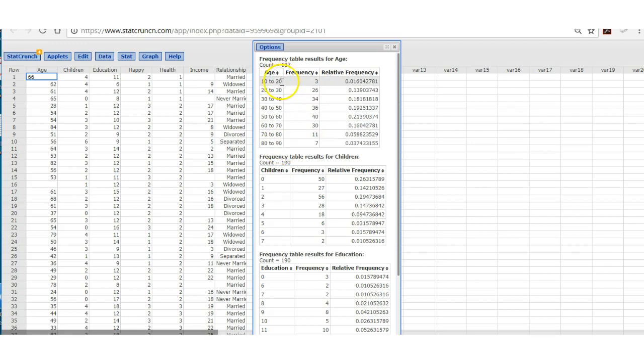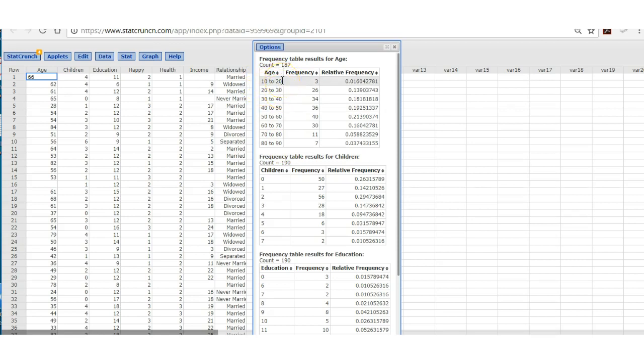The other problem with doing this in StatCrunch is that technically for a frequency distribution for a quantitative variable, the classes or the categories can't overlap. And if you look at how it lists these classes, it looks like they're overlapping. For example, this one goes from 10 to 20, this one goes from 20 to 30.